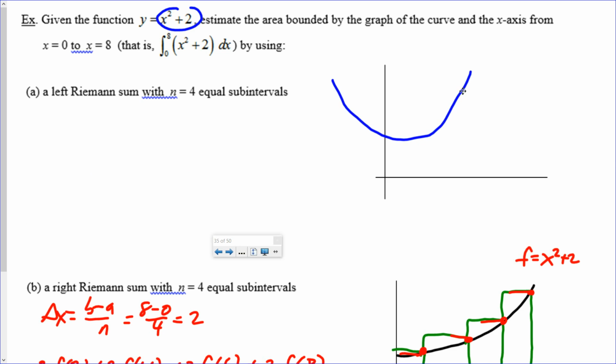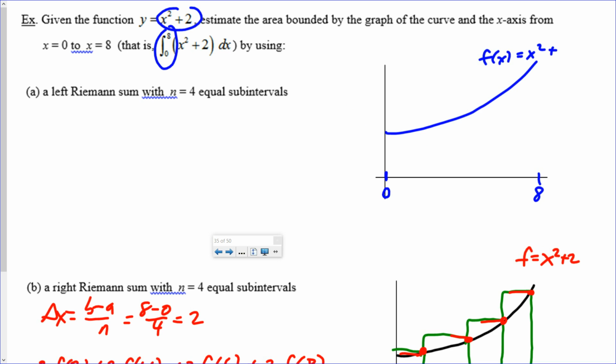You guys good with that? Make this parabola really stretchy, it's going to help you. And we want the area from point A to point B, so that's from 0 to 8. These are the limits of your integral. 0 to 8, and this function is x squared plus 2.